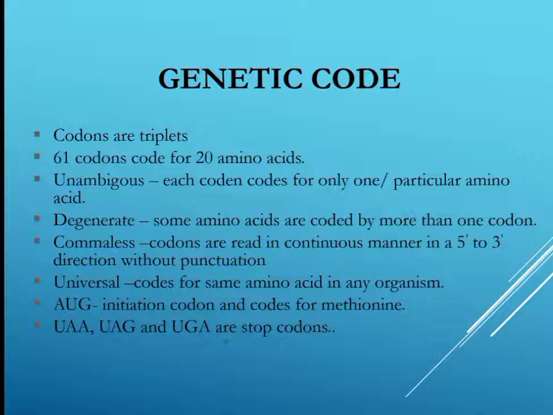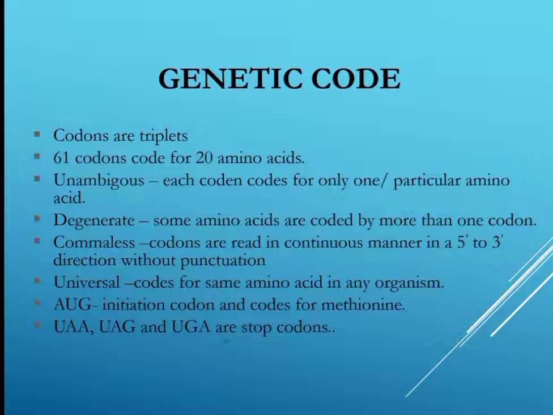Thus, they function as terminating or stop codons. Next is genetic code is unambiguous and specific. Unambiguous means it has only one interpretation. Thus, one codon codes for only one amino acid. Example, CCU codes only for proline and not for any other amino acid.